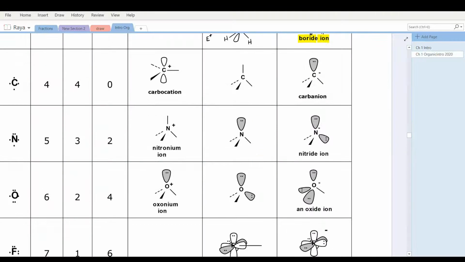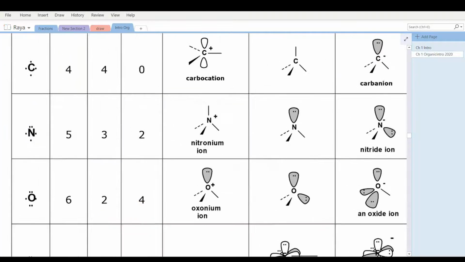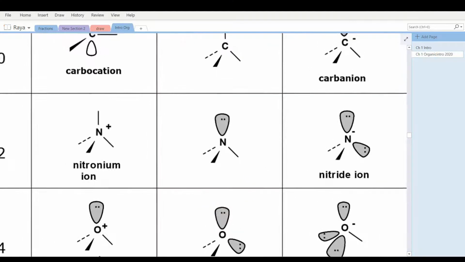Let's move to nitrogen. Nitrogen is in group 5A, therefore it has 5 valence electrons, 3 unpaired electrons, and 1 pair. Nitrogen commonly forms 3 bonds, and after bonding, as we see in the central structure, it has 2 unshared electrons. Let's take a simple example, and let's say this might have been ammonia.